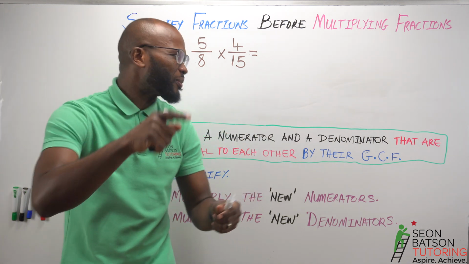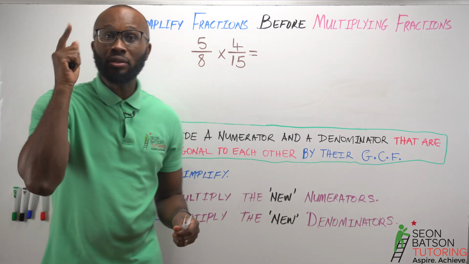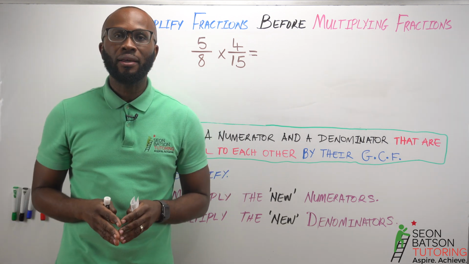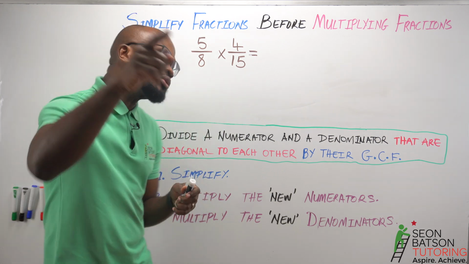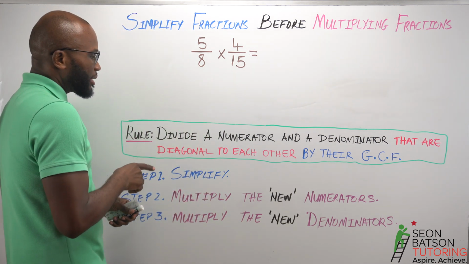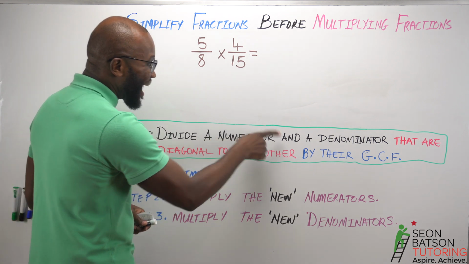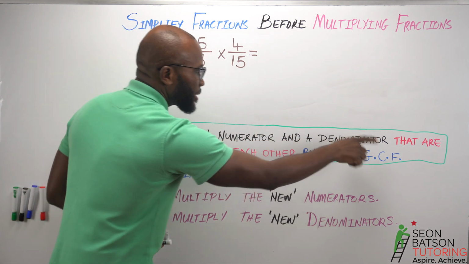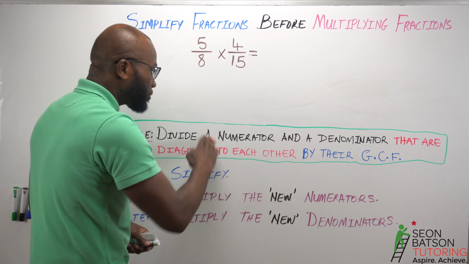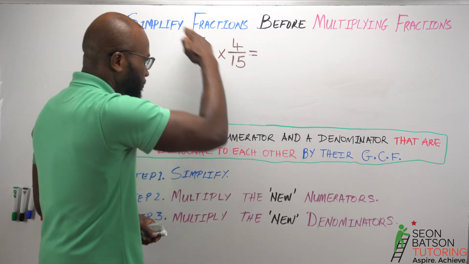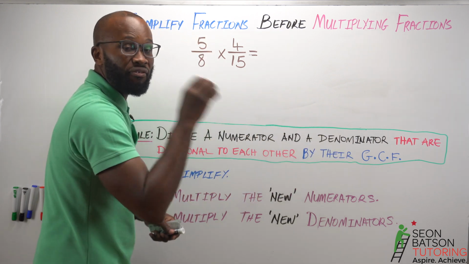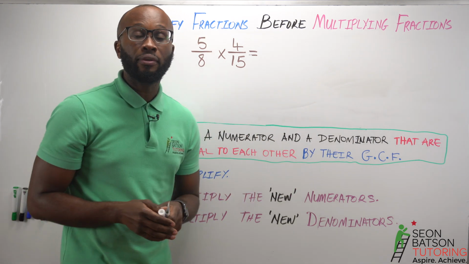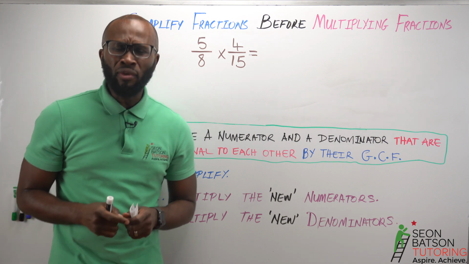All right. Now, if you want to simplify fractions before multiplying the fractions, the rule says we can divide a numerator and a denominator that are diagonal to each other by their greatest common factor, or the GCF. It's a very simple rule.